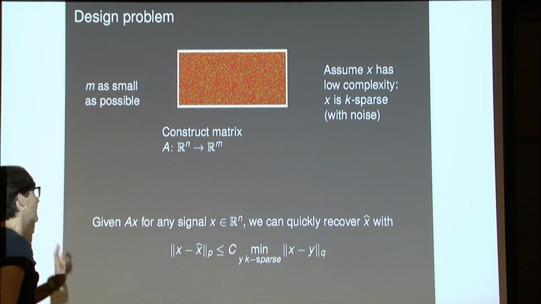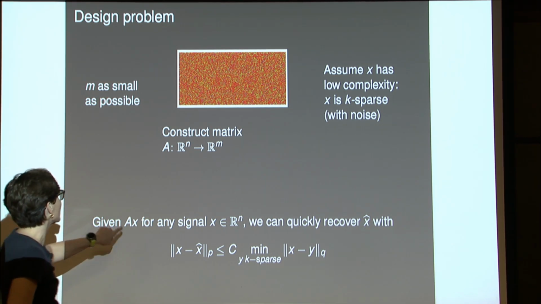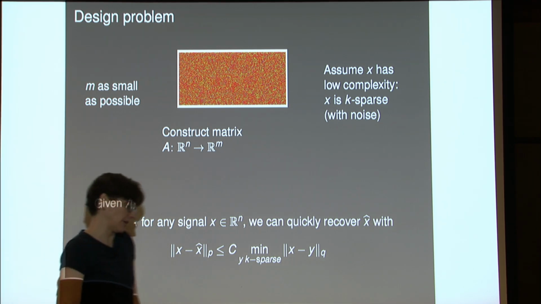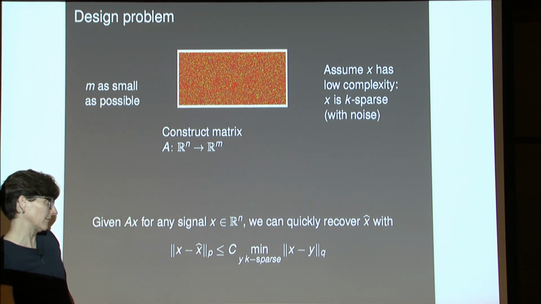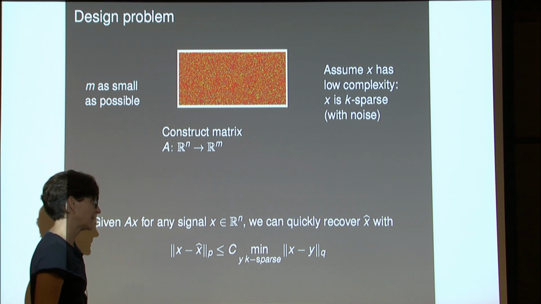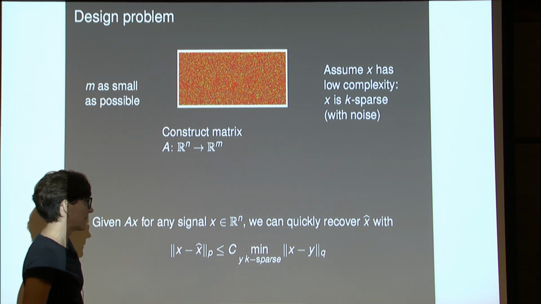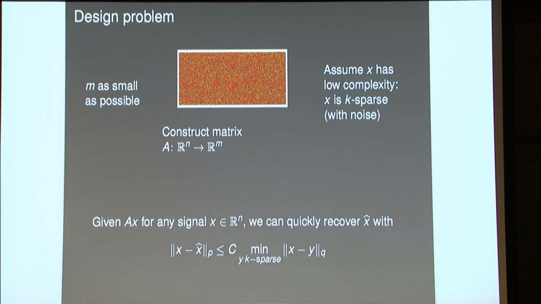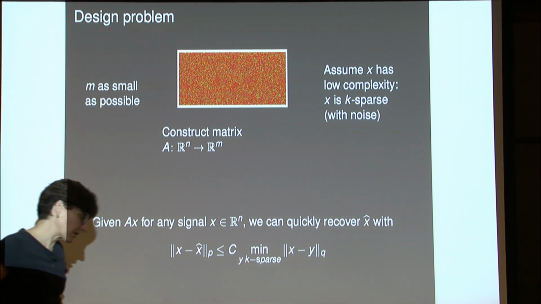You want to do that so that given measurements of any roughly k-sparse signal x, we can quickly recover, i.e. we can come up with an algorithm that has knowledge of A, that can quickly recover information about x from measurements Ax. OK, what kind of information are we going to recover? What kind of error metric?